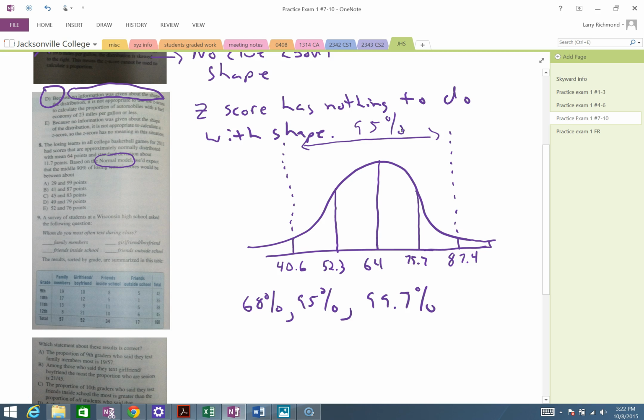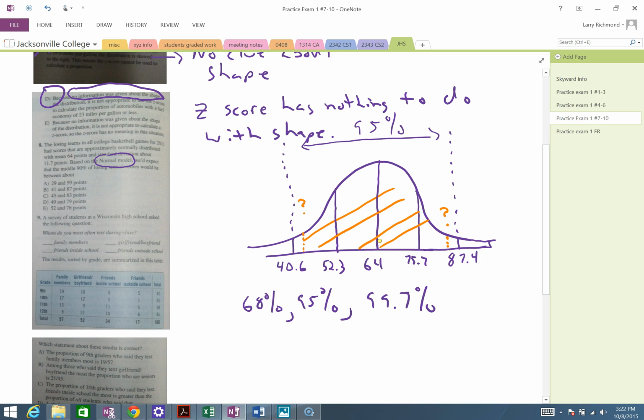So we're looking for the middle 90%. That's going to be slightly inside, perhaps right here. Between these two marks, perhaps, is the middle 90%. We're looking for what this number would be here, and this number would be here, that would mark this bound that is 90%.